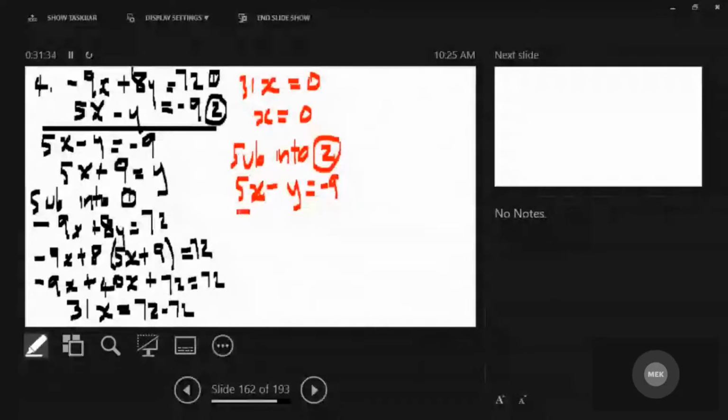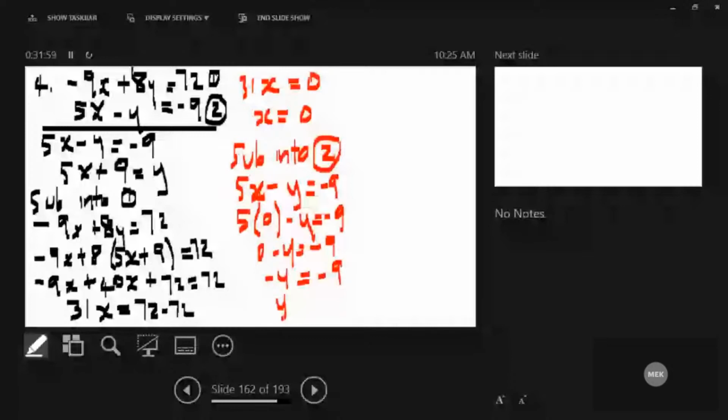And so where x is, we're going to put 0. And we know that 5 times 0 is 0. So 0 minus y is negative 9. So negative y is equal to negative 9. Therefore, y is equal to 9.